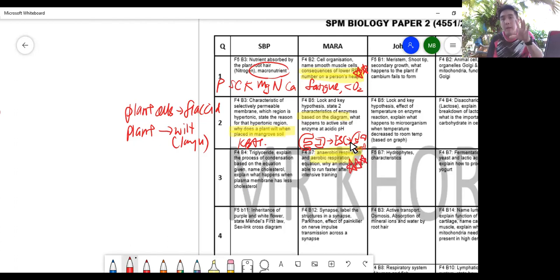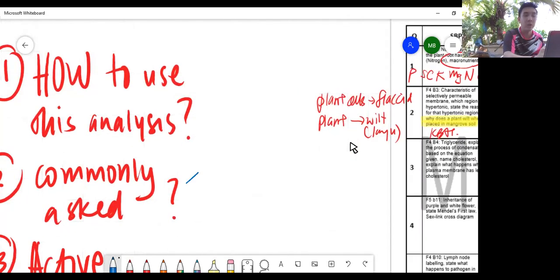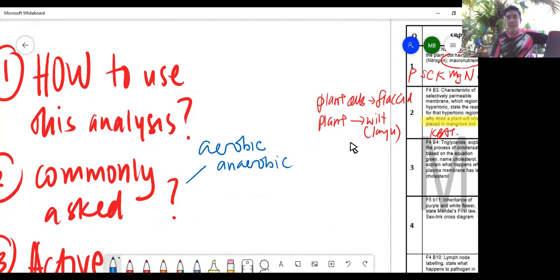What I'm trying to tell you is, throughout this analysis, you will find that they like to ask a few things, which include aerobic respiration, anaerobic respiration, which means fermentation, fermentation of ethanol and fermentation of lactic acid.